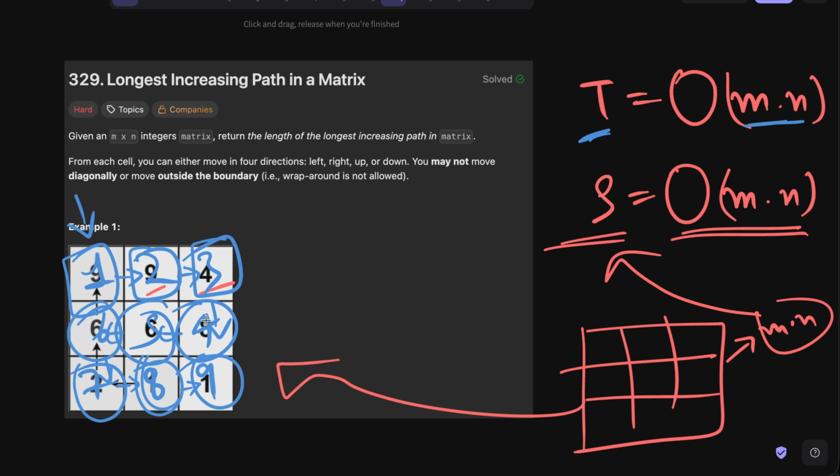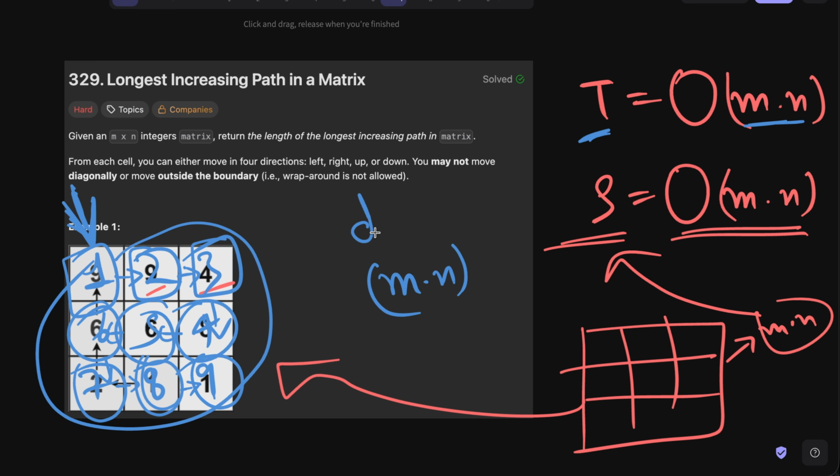So after starting DFS from 1, I will end up going through each and every cell inside this grid, right? So this first DFS call cost m multiplied by n recursive DFS calls.